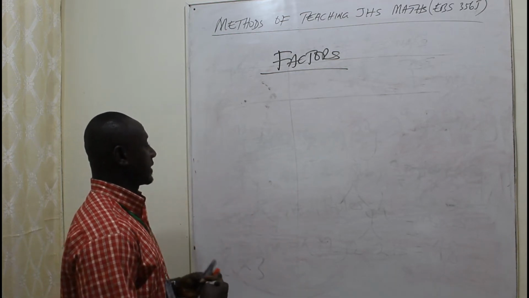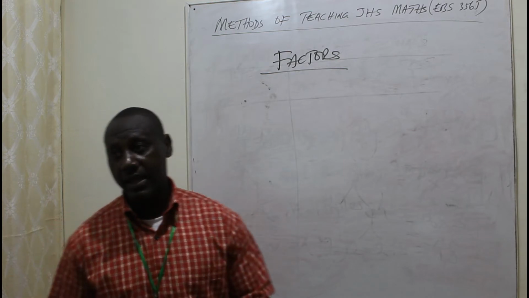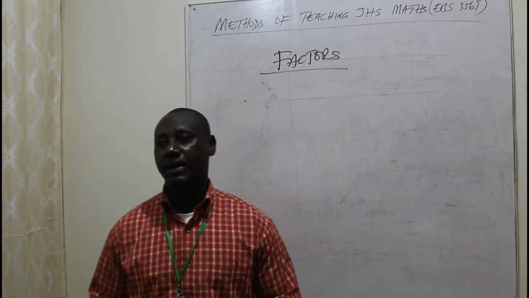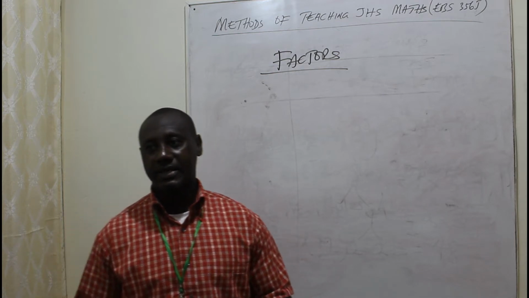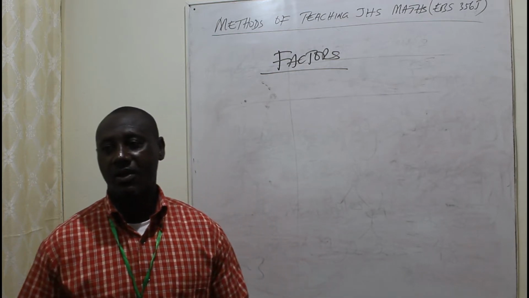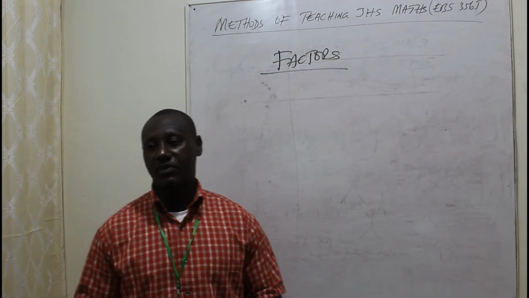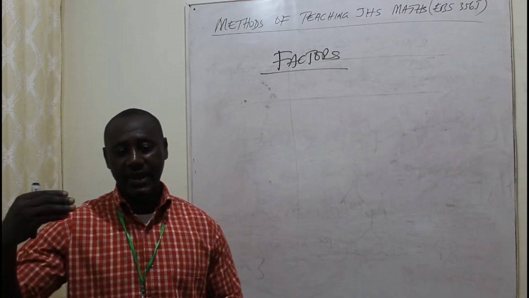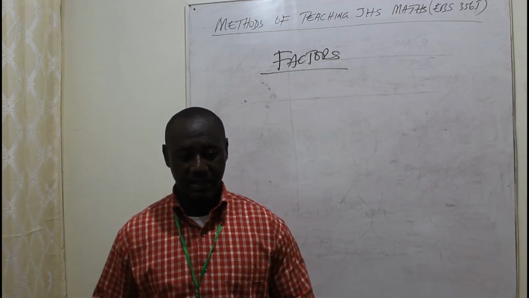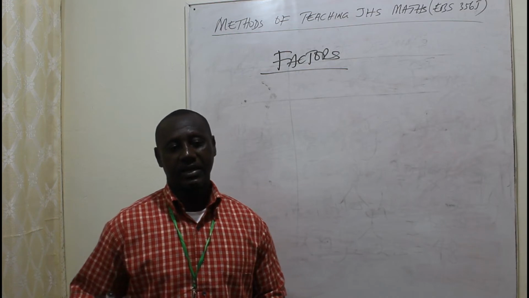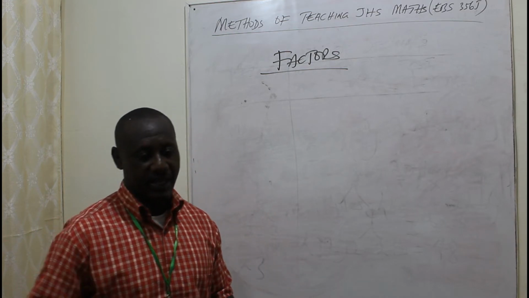And so if I have the factors, I will say that if a number divides a second number exactly, then the first number is a factor of the second number. So if I have a particular number and it divides another number exactly, then the number that divides it becomes a factor of that number.